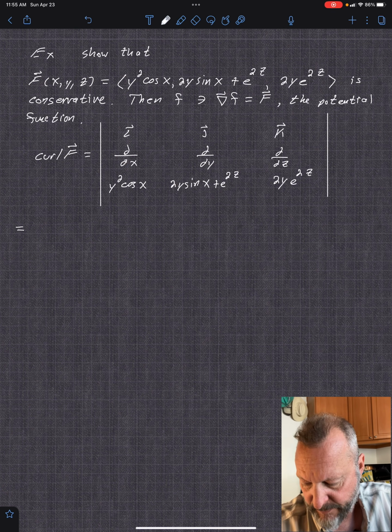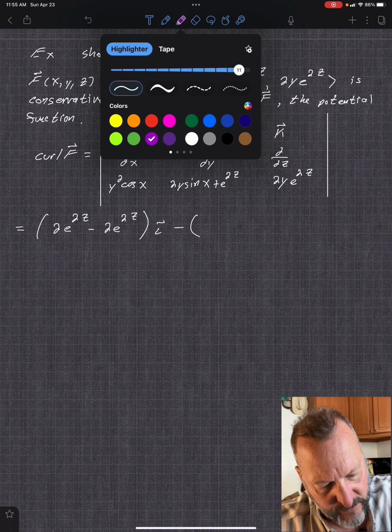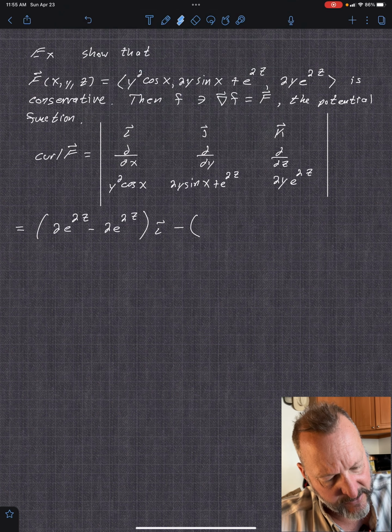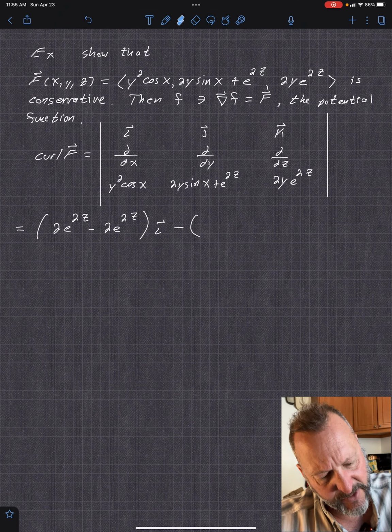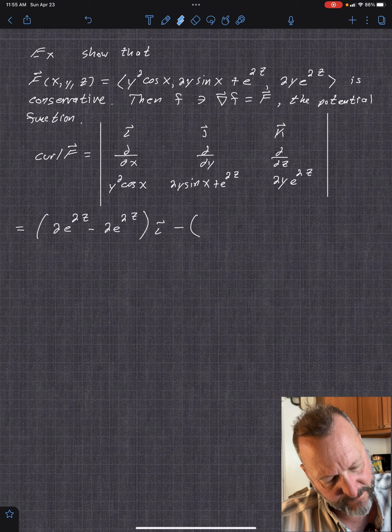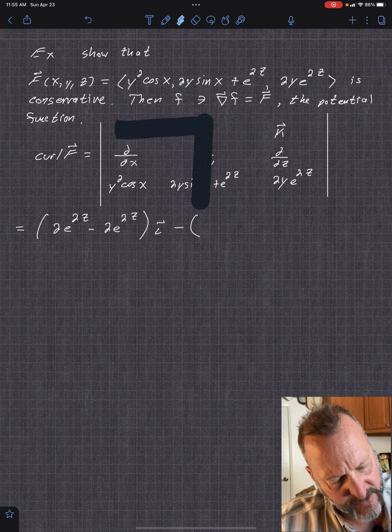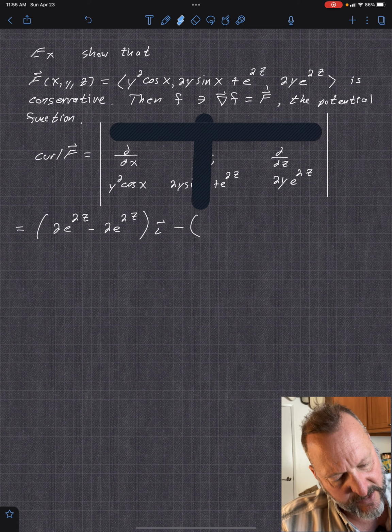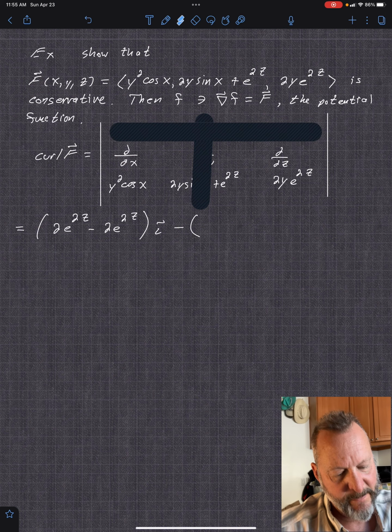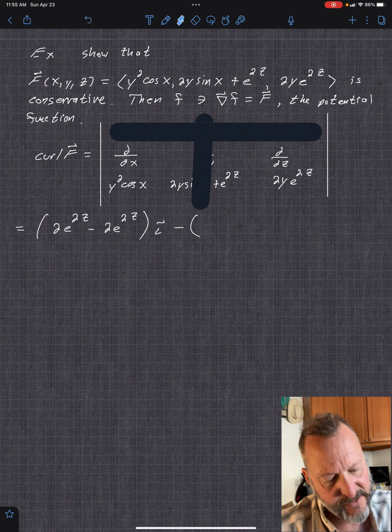Minus, and now the middle one. Let's do this just for fun. You're crossing off on the middle one, and then you're doing that determinant. So that is 0 minus 0 because those other variables aren't even in there. So it's 0 minus 0, and then j.